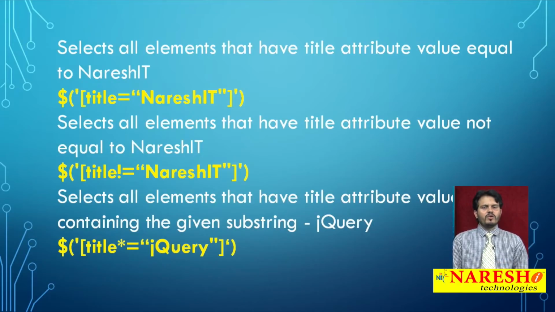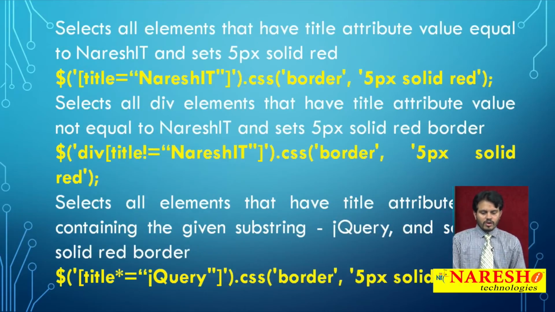I am using one operation here, that is applying the CSS operation at runtime. So what my example is going to do here: it selects all elements that have the title attribute value equal to Naresh IT and sets a CSS property called border with 5 pixel solid red. But which elements?